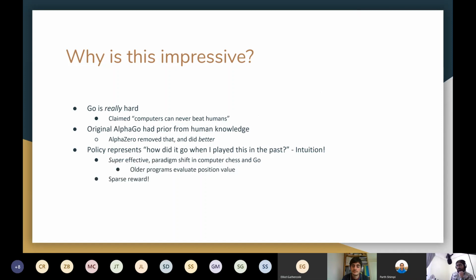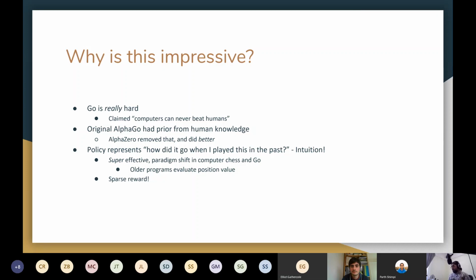One of the really interesting things about this is the way computer chess programs normally work is that they try to evaluate the worth of a position. Things like, how many pieces do I have? What's my positional advantage? Are my pieces free? Stuff like that. And this is completely different.